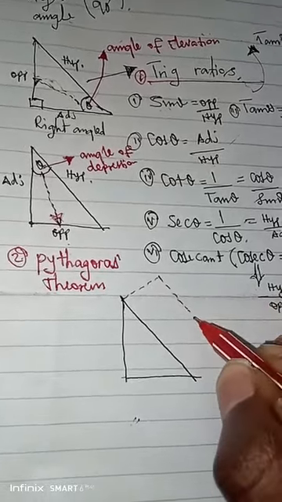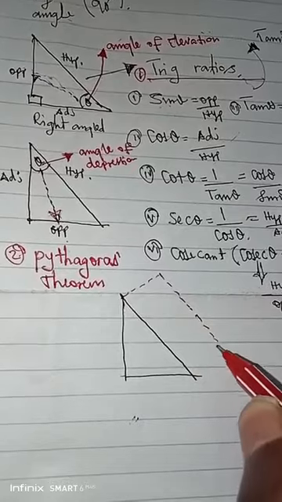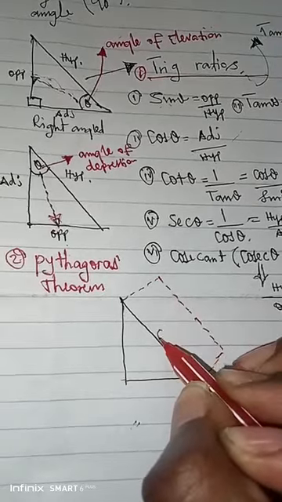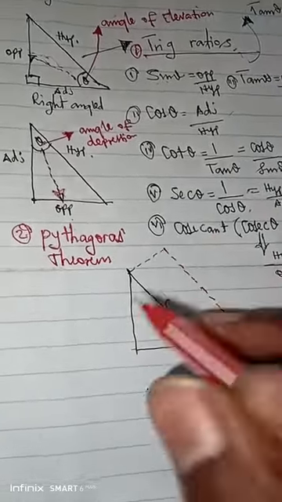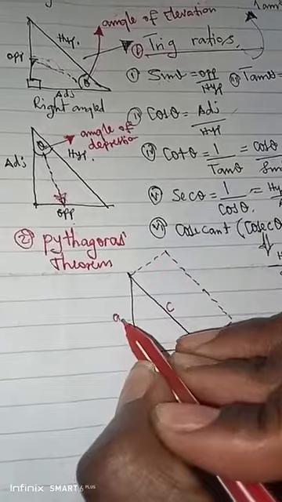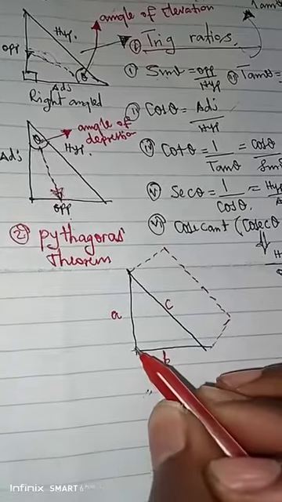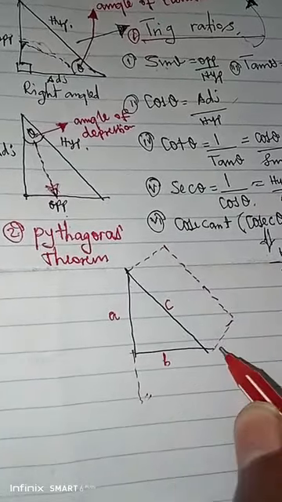I know they look like rectangles, but let us assume these are squares. Let us imagine this is C, and this is A, and this side, let us put it as B. So let us imagine we are drawing squares.